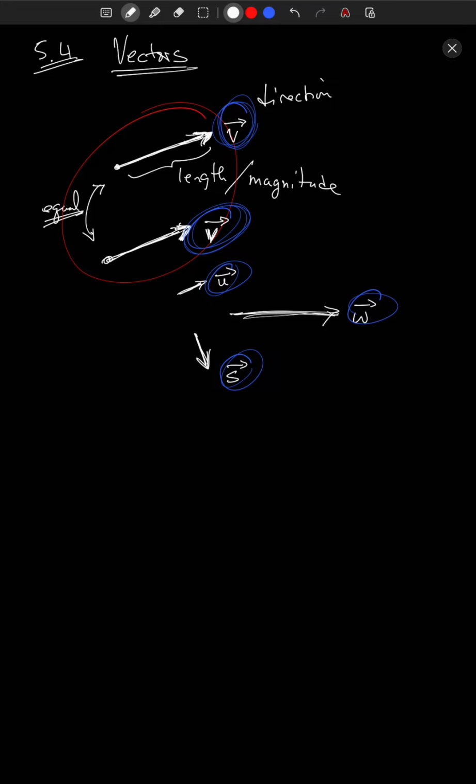But if you want even more information, you could say, I'm driving 50 miles per hour northwest, or I'm driving 30 miles per hour south. So 30 miles per hour would be describing the magnitude of a vector, and south would be describing the direction.